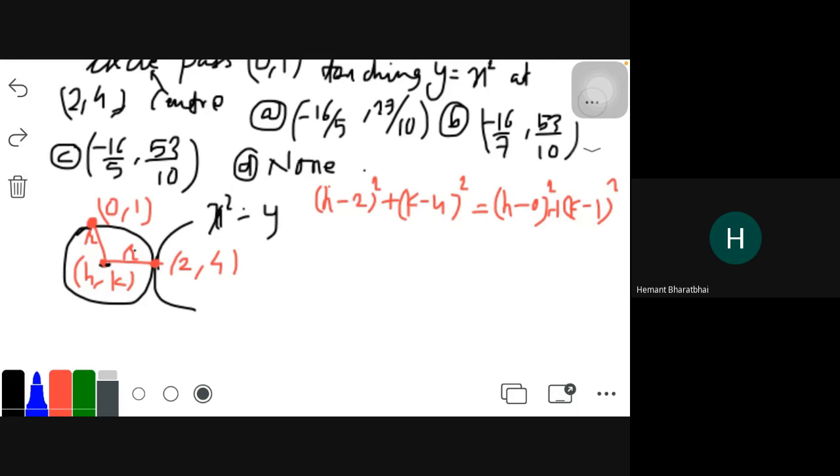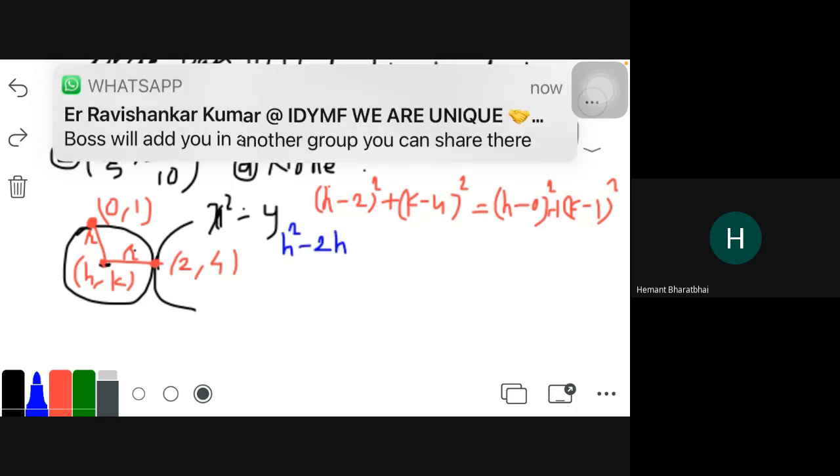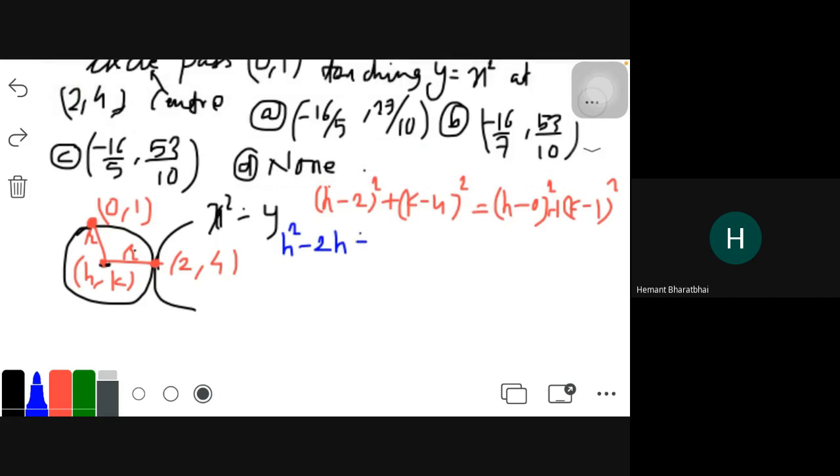So on solving, I'll get h square minus 2h plus 4 plus k square minus 8k plus 16 is equal to h minus 0, that will be h square plus k square minus 2k plus 1.